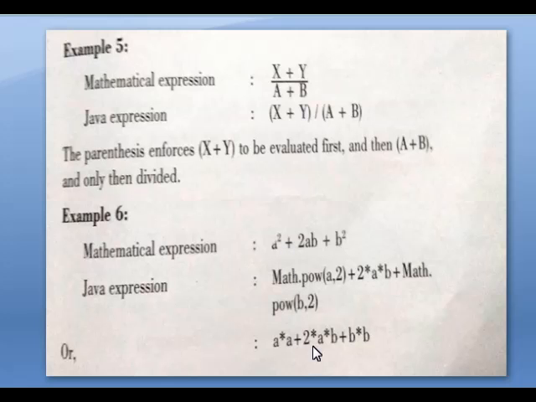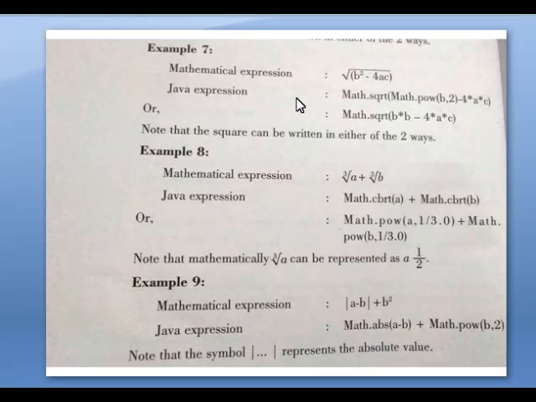Example number 7, the mathematical expression is the square root of b square minus 4ac. So the Java expression is Math.sqrt of, because the square root is common to all of this, b square minus 4ac, it is in the outer bracket. Inside the inner bracket we write Math.pow of b comma 2 minus 4 * a * c.